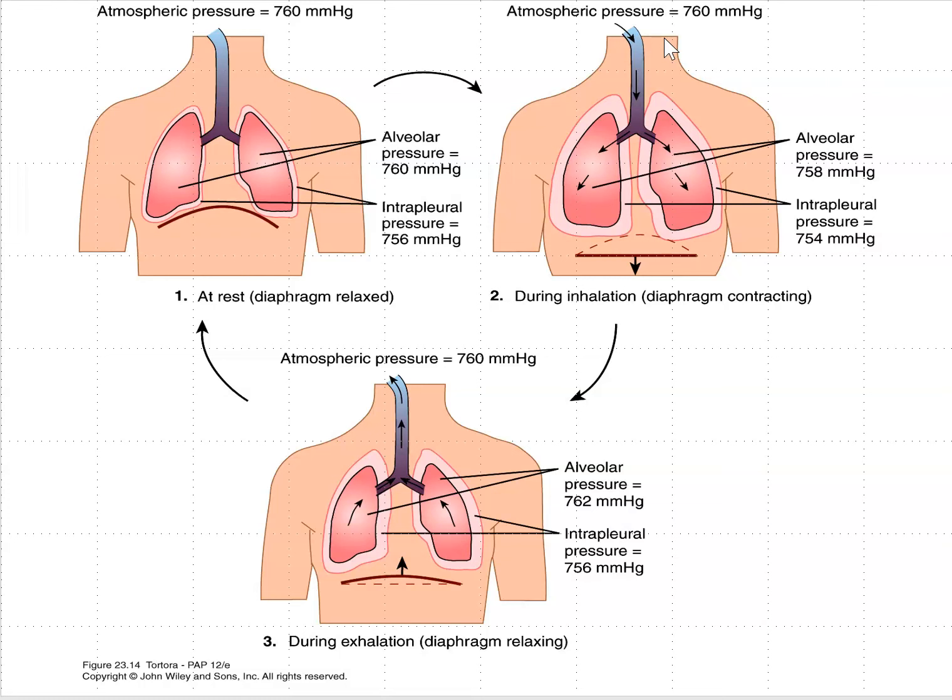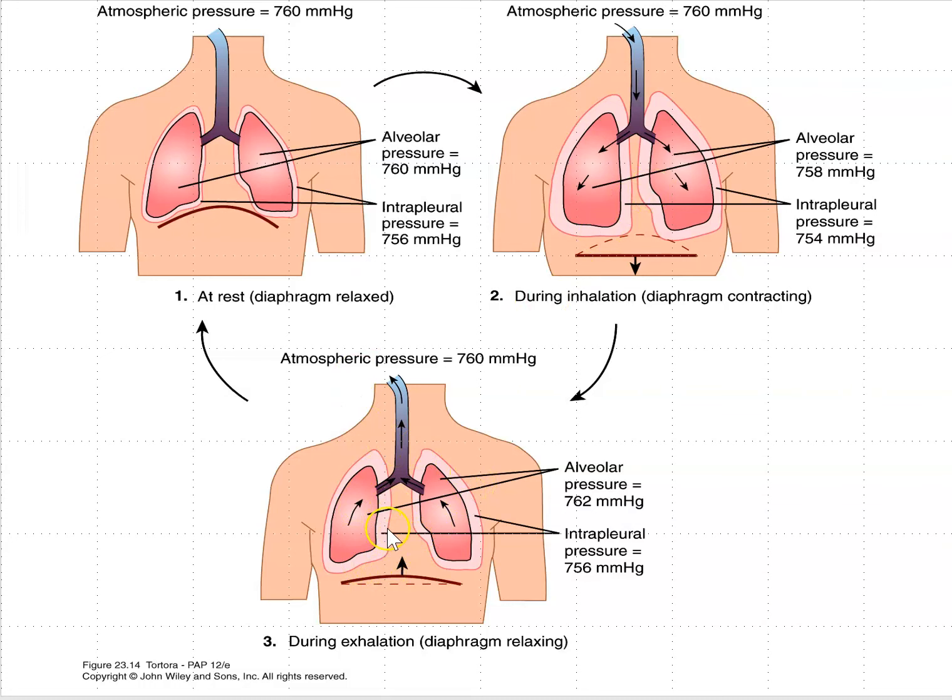During deep inhalation, the muscles expand the chest further, thereby creating a greater drop in alveolar pressure and the intrapleural pressure. So this difference in pressure basically creates an environment for exchange of gases.